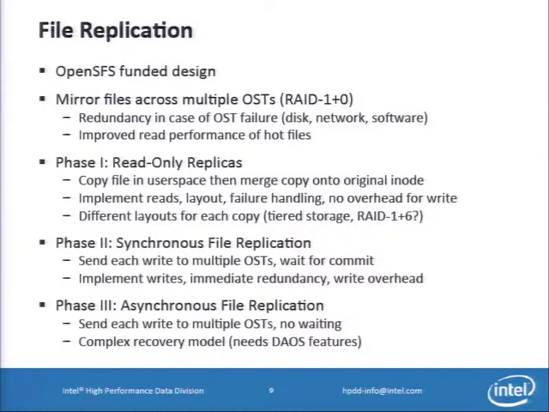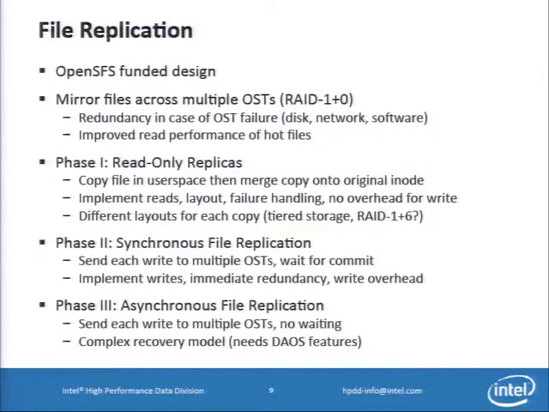Then phase two will eventually allow us to do concurrent write updates to such files. But this will come with a penalty because we will need to wait for a commit and we will use more bandwidth for that. So potentially this would be an optional feature.